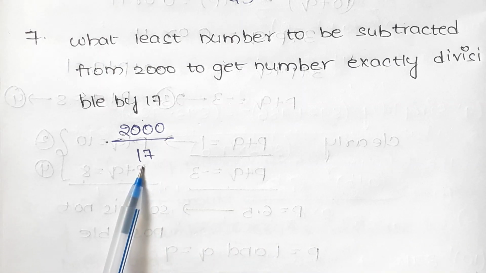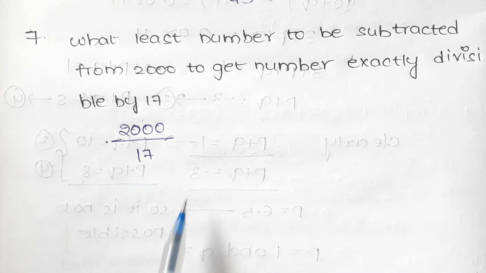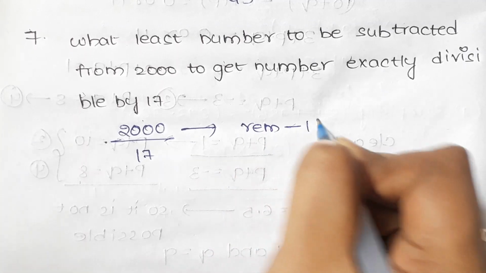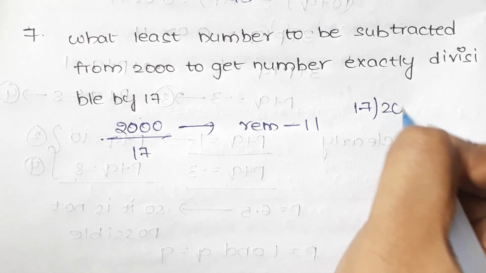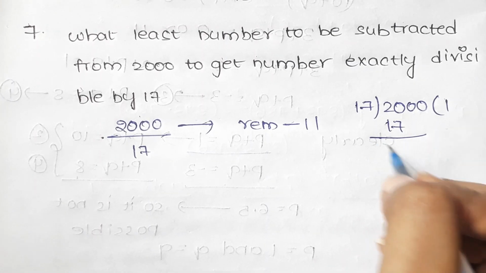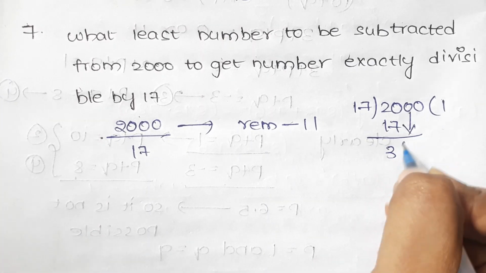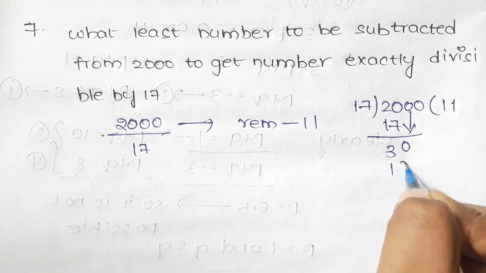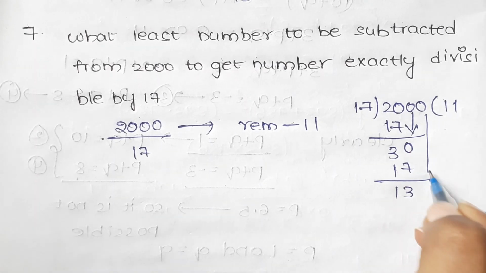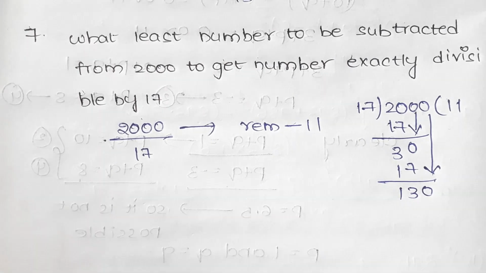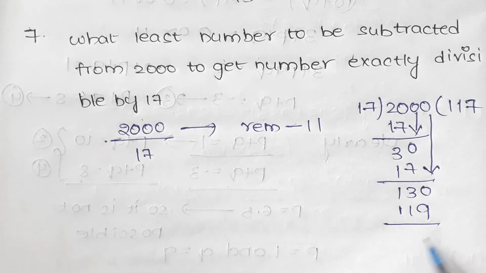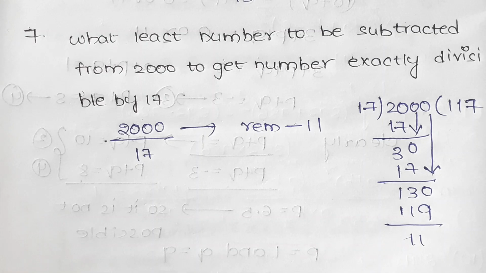Now let us check. On dividing 2000 by 17, we will get the remainder as 11. That is, 17 ones are 17, here 3 and 0 to be brought down, 17 ones are 17 again, here we will get 13 and 0 here, and now 17 sevens are 119, 11 is the remainder we have.